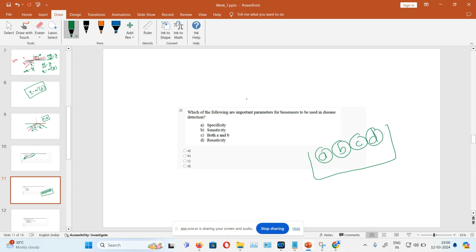Property D, etc. And what should be there? In order to detect a disease, there should be something which we are going to target.